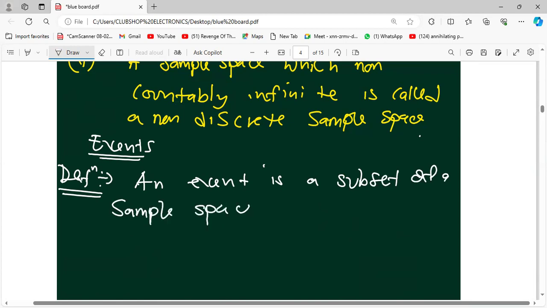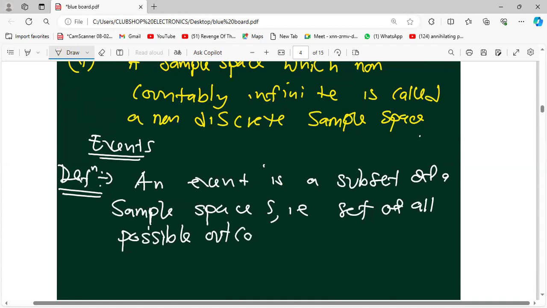What do you mean? That is a set of all possible outcomes. We'll come to the restrictions of probability later on.